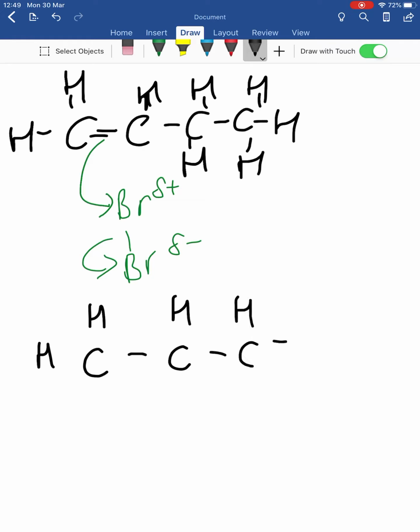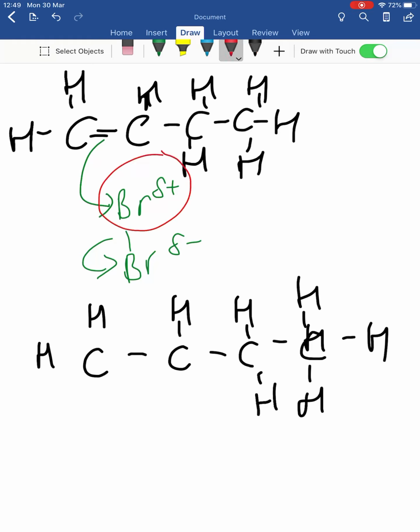This doesn't change. But this Br, where could it attack? It could now attach itself onto either this carbon or it could attach itself onto this carbon.